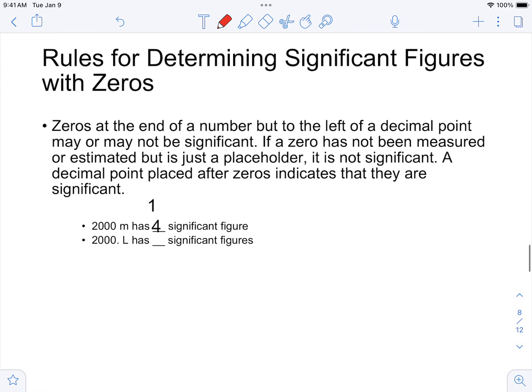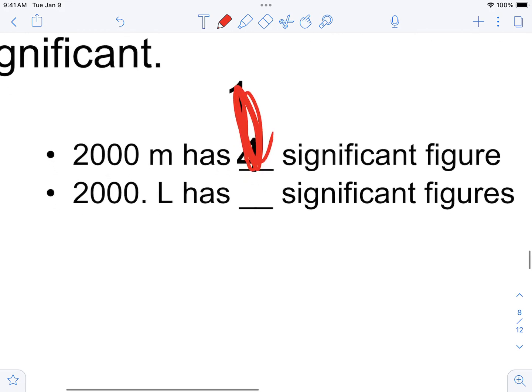And the last rule here is very wordy. I'll just show you through an example. If you have a number like this, 2000, no decimal point, that only has one significant figure. Those zeros are just being used as placeholders to tell you what magnitude you are working with, meaning the thousands. But they are not significant.